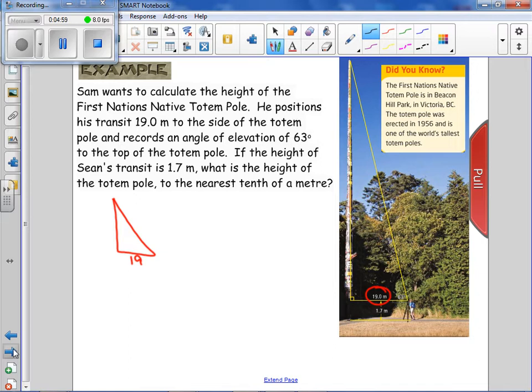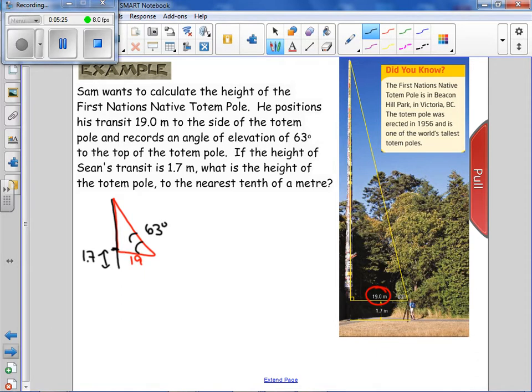The totem pole is going that entire distance, but from here up. All right. The transit is 1.7 meters tall. So this distance right here is 1.7. It knows the angle of elevation is 63. So this angle right there is 63 degrees. It wants to know what is the height of the totem pole.